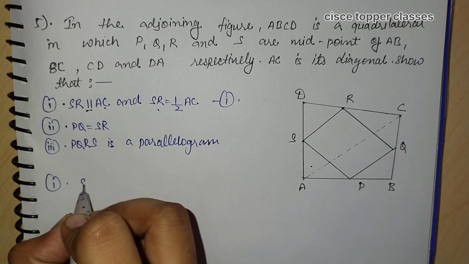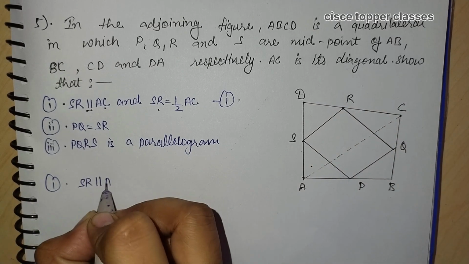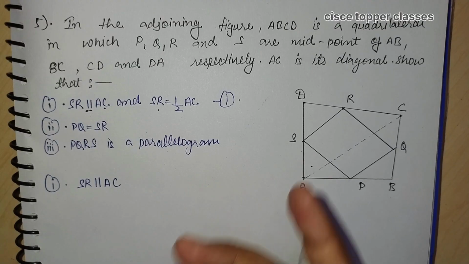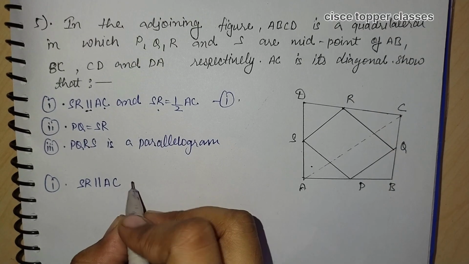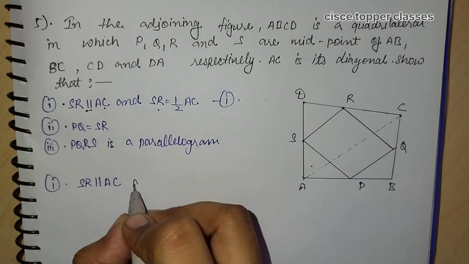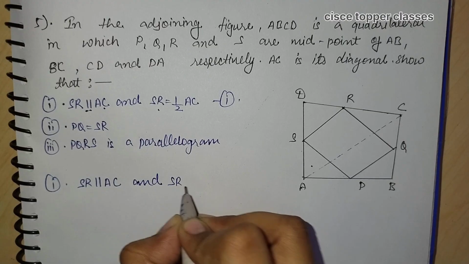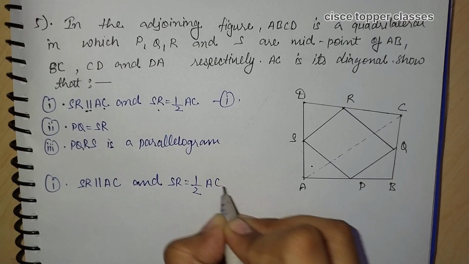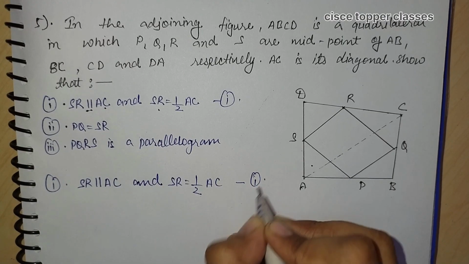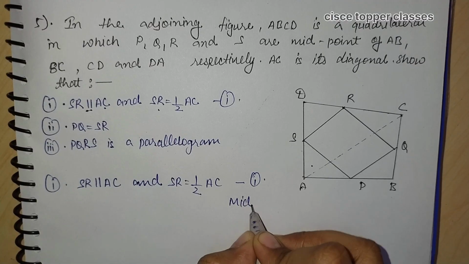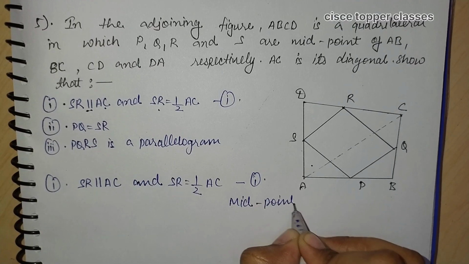So we can write SR is parallel to AC, and SR is equal to half of AC by the midpoint theorem. Put it as the first equation.